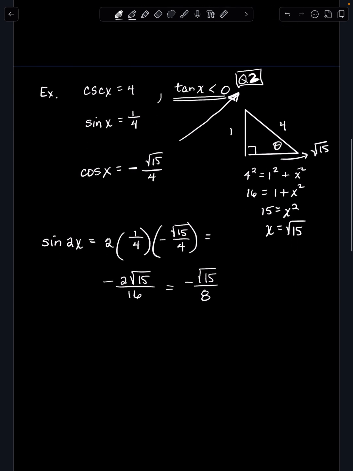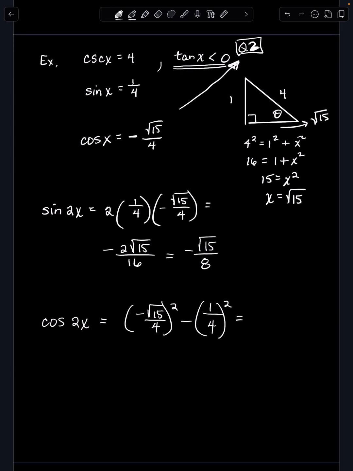Alright, for the double angle for cosine, that is cosine squared minus sine squared. Alright, so squaring the top, I've got a negative square root 15, so a negative becomes positive when you square it.